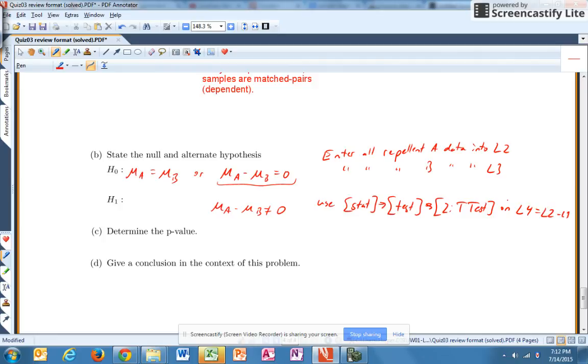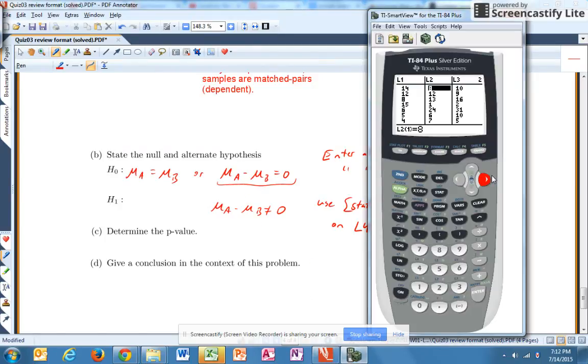Running out of space here. The set of differences, because in our null and alternate hypothesis, we were looking at the differences of the means. So what I'm going to do is go over here to L4 and go up so that I'm defining it and hit enter.